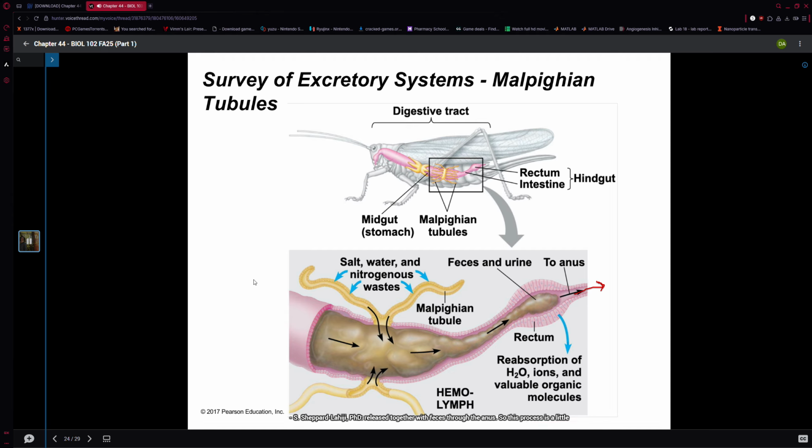This process is a little bit different in terms of the way in which excretion occurs. It is different from other invertebrates because this is really focusing on secretion rather than filtration of body fluids.